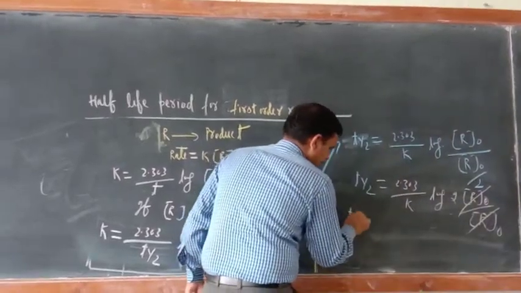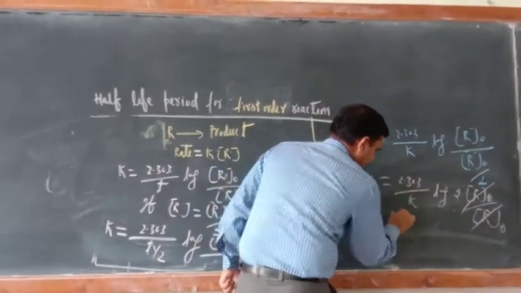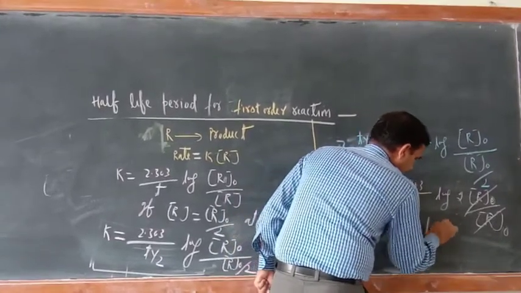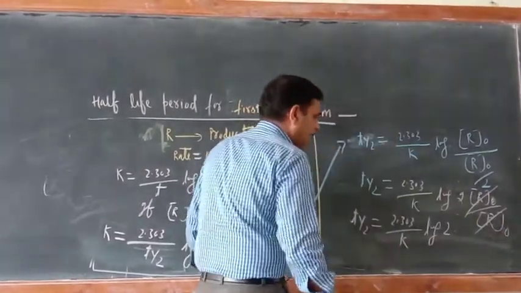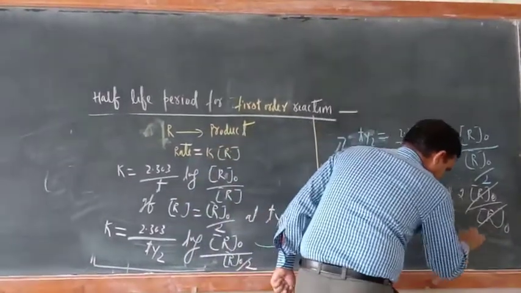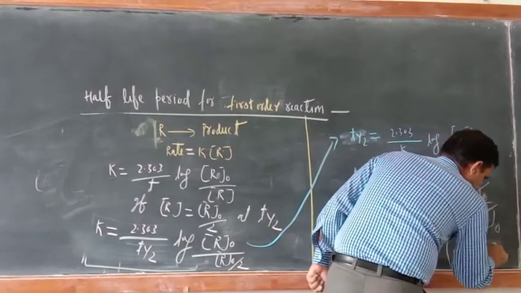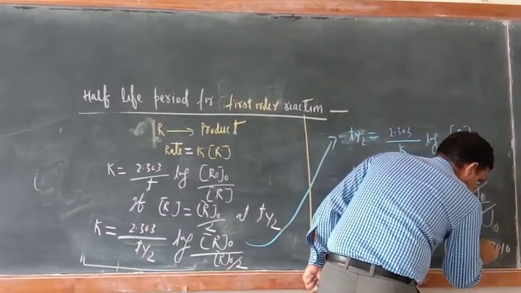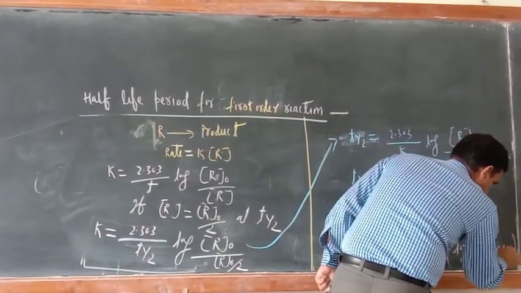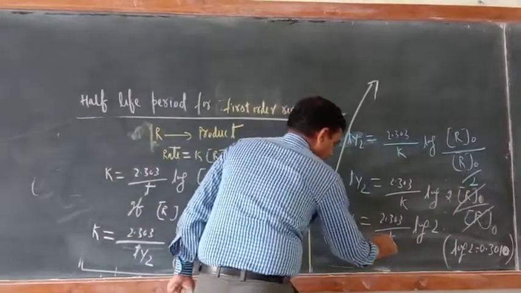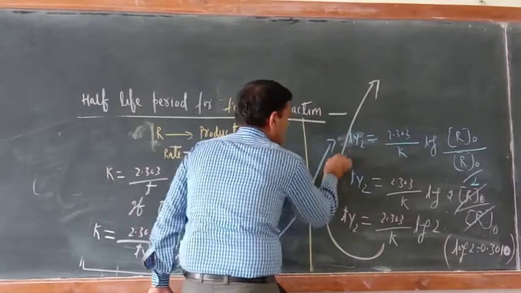Here t half equal to 2.303 by k, log 2, and log 2 value is 0.3010. So dear cadets, now I am writing this side.